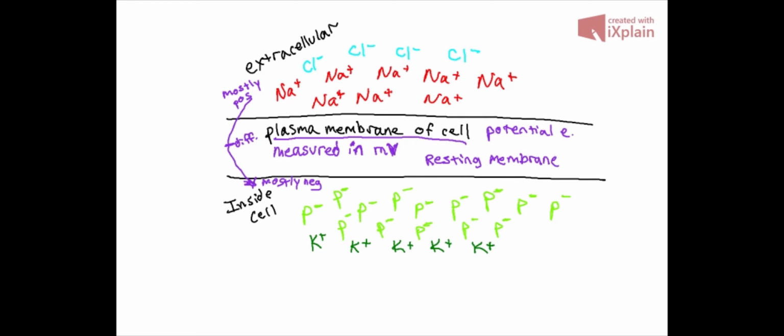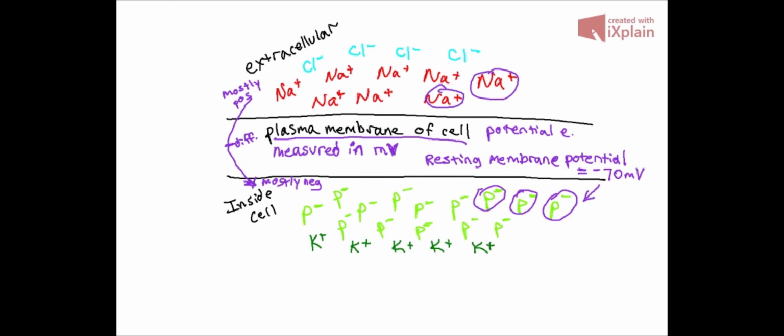Membrane because it's inside the membrane around the cell. And potential, it's potential energy that it's stored. And the resting membrane potential normally measures out, in a neuron at least, at around negative 70 millivolts. Why negative? Because remember, there's way more negative ions inside the cell than there are positive ions outside of the cell.